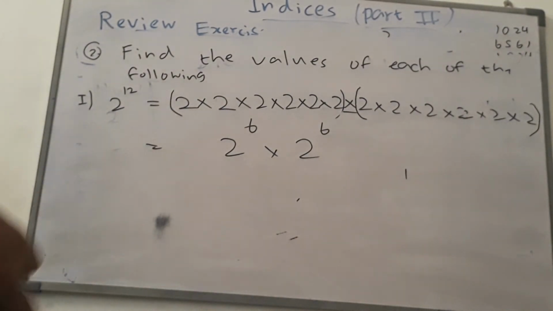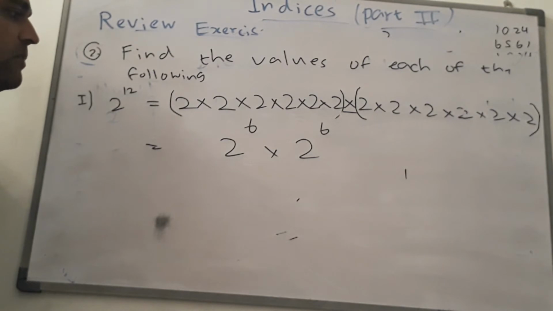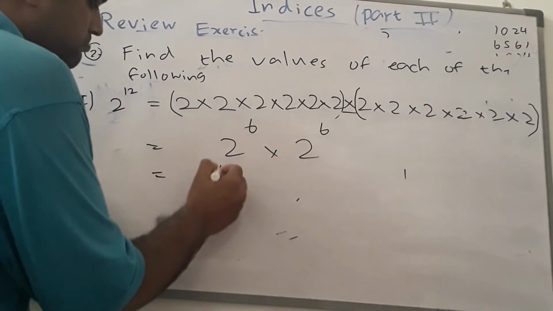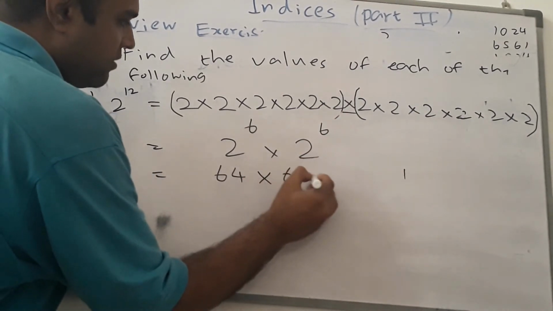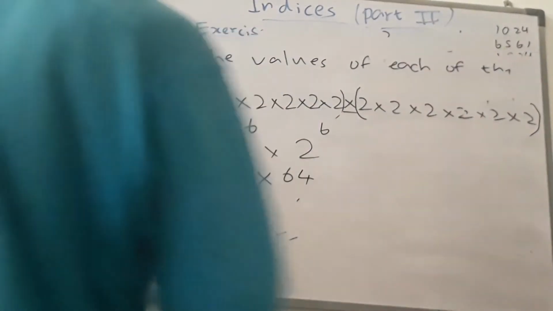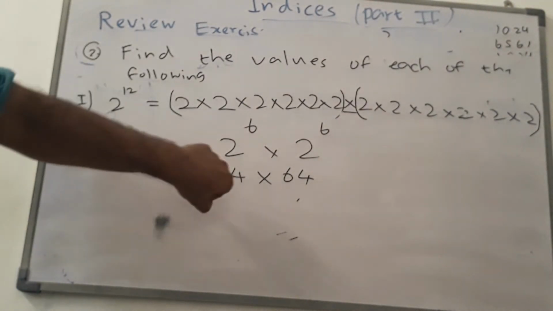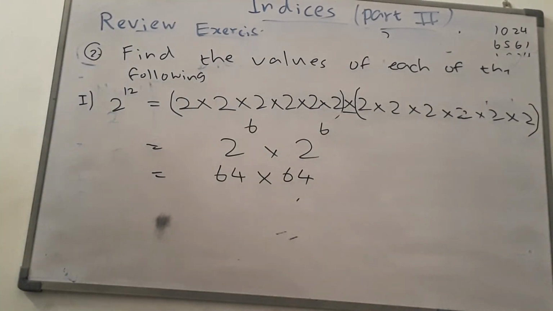Check and see, general knowledge; I taught you that when you were in grade 7. 2 to the power 5 means 32, 2 to the power 6 means 64. Same as here, 2 to the power 6 means 64. 32 times 2 means 64.